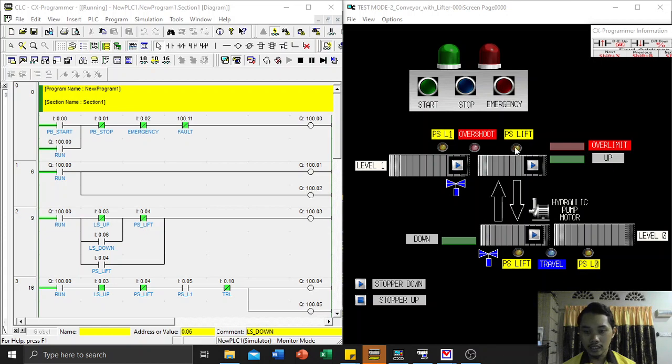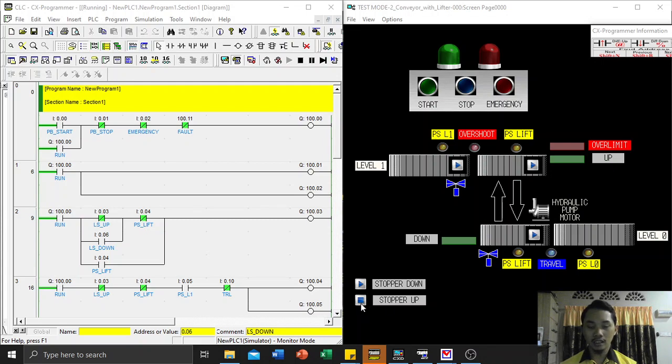Here this is a table lift. If the box turns green, that means the lifter is at the up position, and if the box here turns on, that means the table lift is at the down position. This is a stopper. This shows the stopper down, and this is the stopper up.